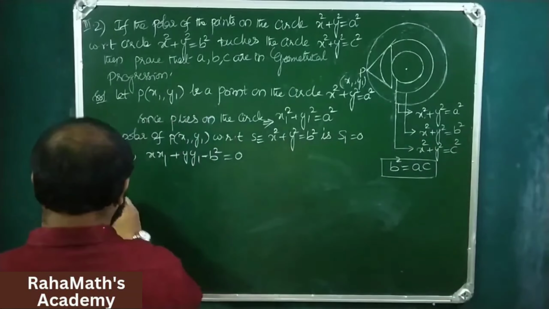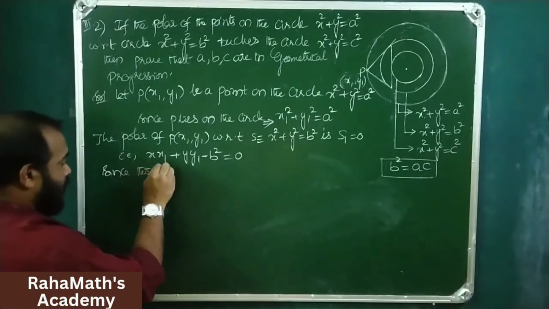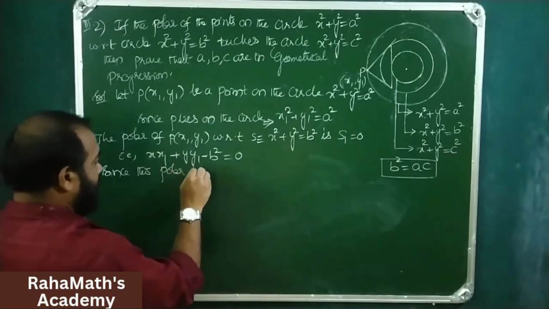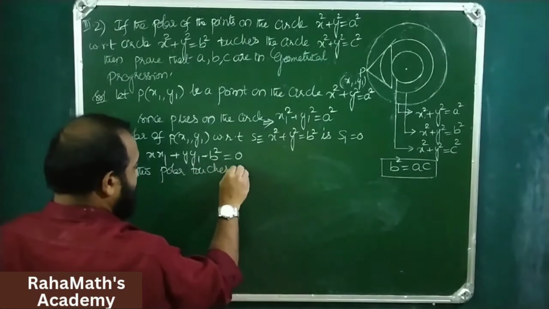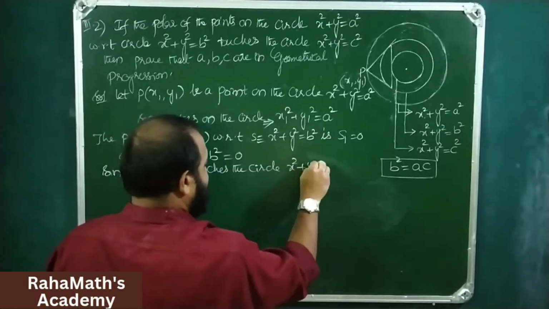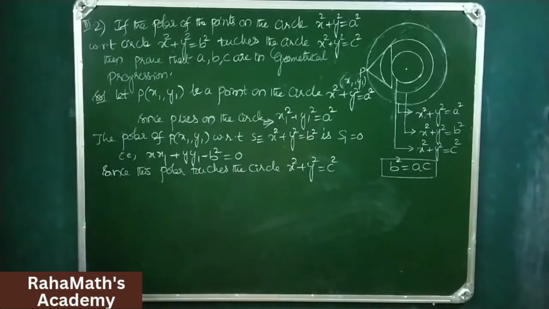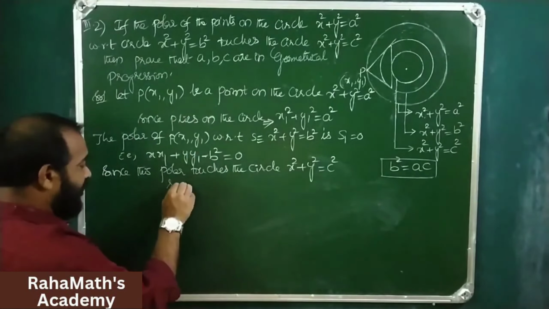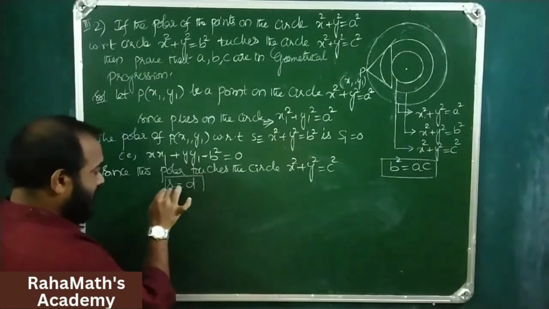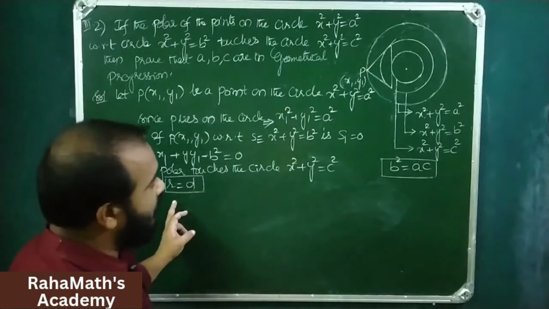Since this polar touches the circle x square plus y square equals c square, what is the condition of tangency? R equals D. Radius equals the perpendicular distance from the center of the circle to the line.